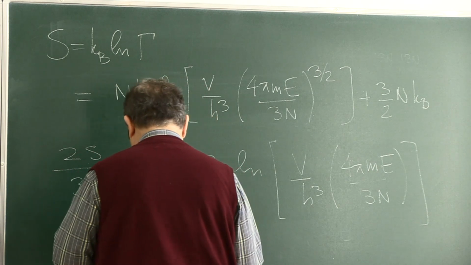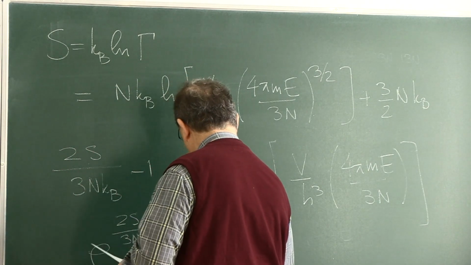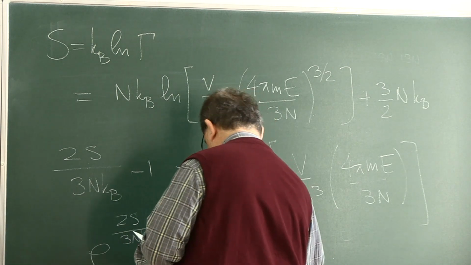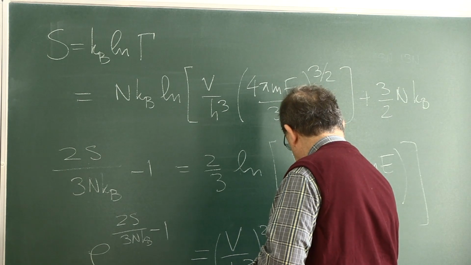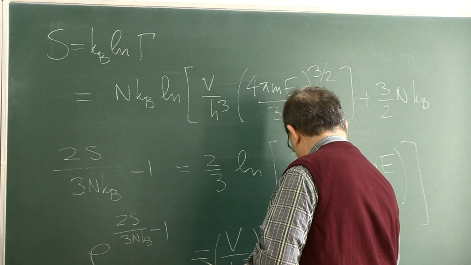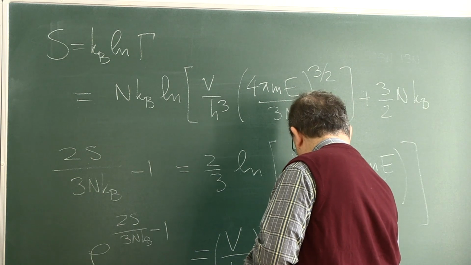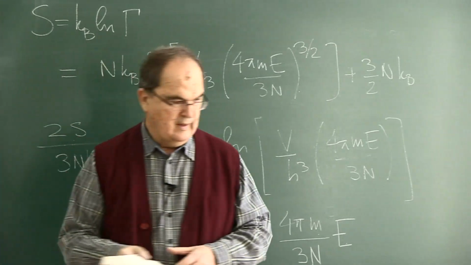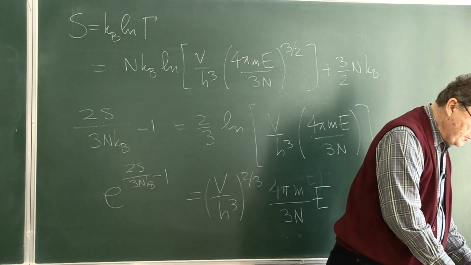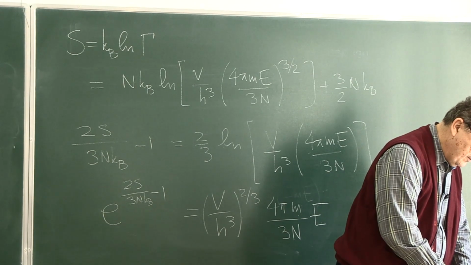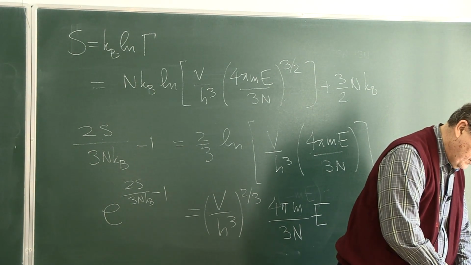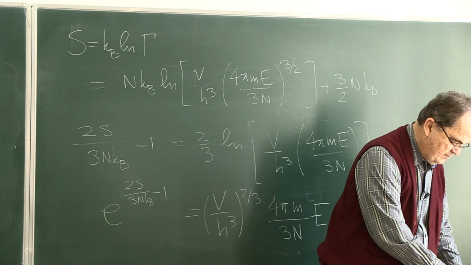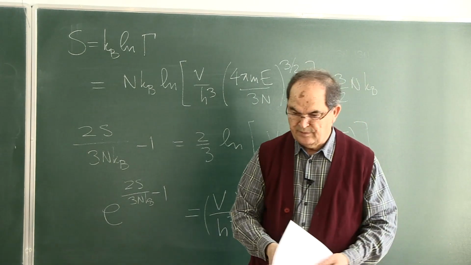So that turns out to be v over h cubed, 2/3, 4 pi m over 3n, e, and that gives me the energy. Oh, wonderful.